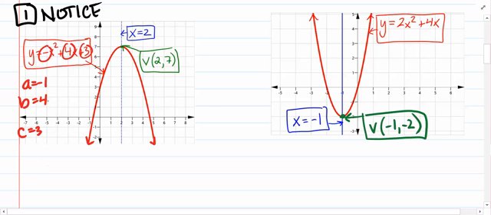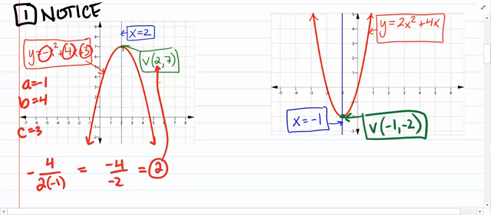If you take the value of b, which is 4, and you divide it by 2 times the value of a, which happens to be -1, and then take the opposite of that, notice you get -4 divided by -2, which gives you a value of 2. Now I know that was a lot, but this is the relationship between these things here. The value of 2 is very important because it shows up in 2 places. It shows up in the x-coordinate of the vertex, and it tells you the equation of the axis of symmetry.